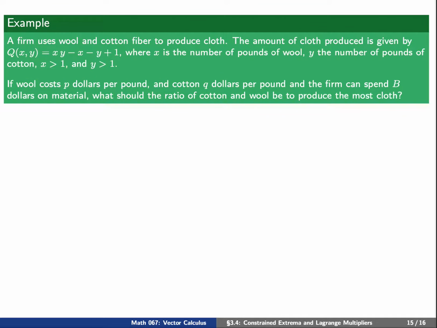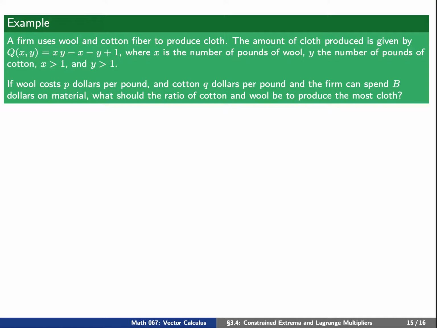Let's consider a second example. A firm uses wool and cotton fiber to produce cloth. The amount of cloth produced is given by the function xy minus x minus y plus 1, where x is the number of pounds of wool and y is the number of pounds of cotton.